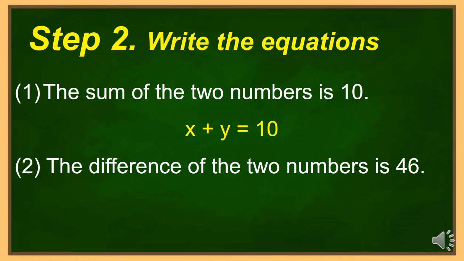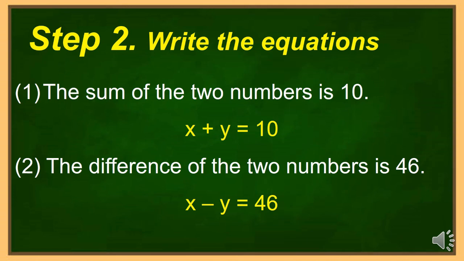Therefore, the equation now is x minus y equals 46. We now identify our two equations, x plus y equals 10 and x minus y equals 46. Now we will consider these two equations together to make it a system of linear equations.